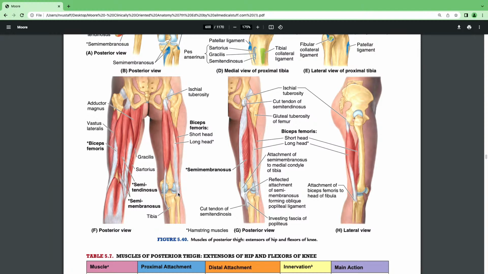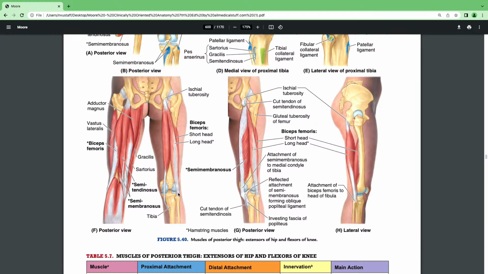What you will say is, okay, you yourself said that there are only 3 muscles in the posterior compartment of the thigh, so characterizing them as the hamstring muscles, it's clear that all of them should be hamstring muscles.